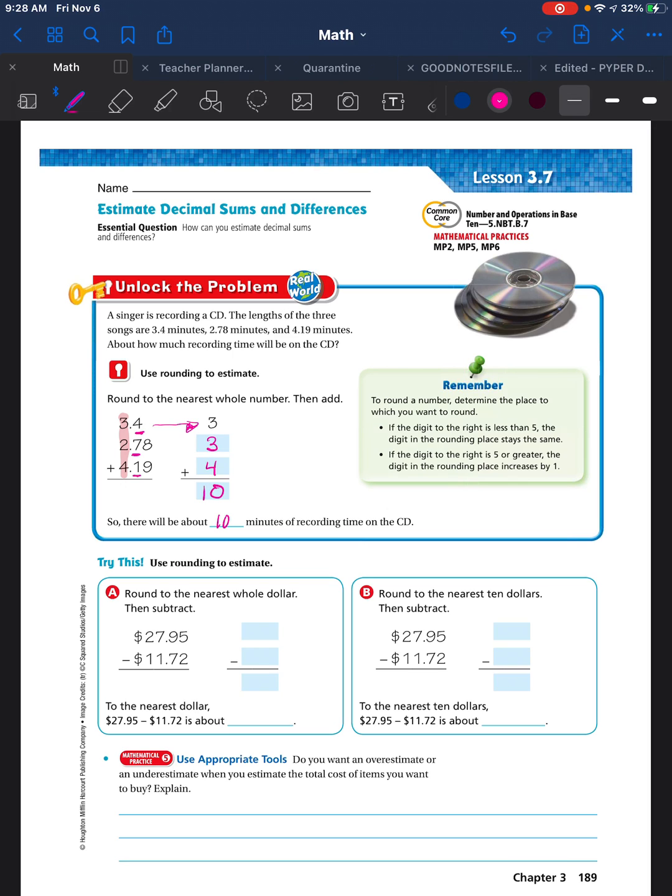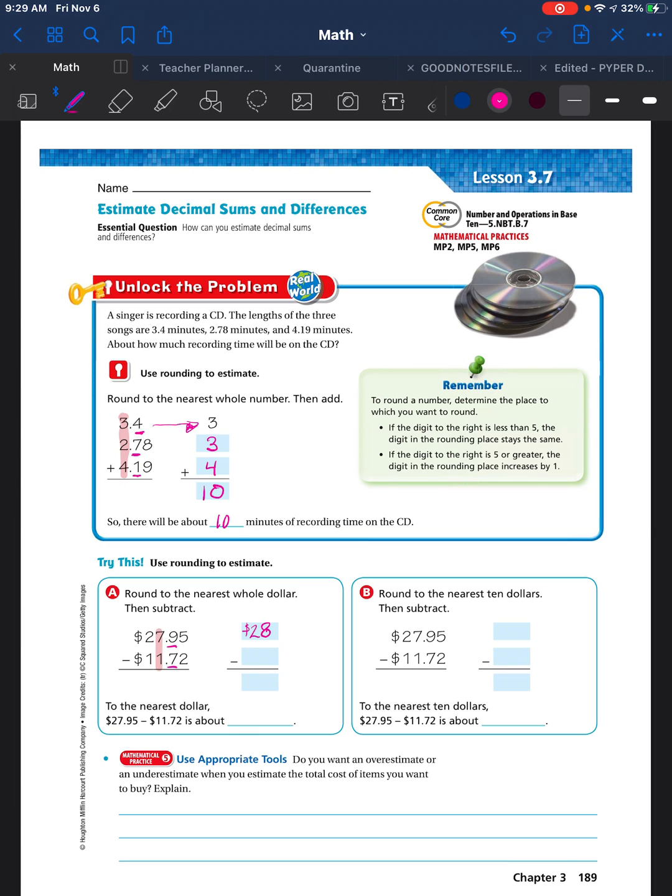Next it says try this, use rounding to estimate. It says round to the nearest whole dollar, then subtract. So the nearest whole dollar again would be into the ones. So I look to the right. 9 is definitely greater than 5, so I would round that one up to $28.